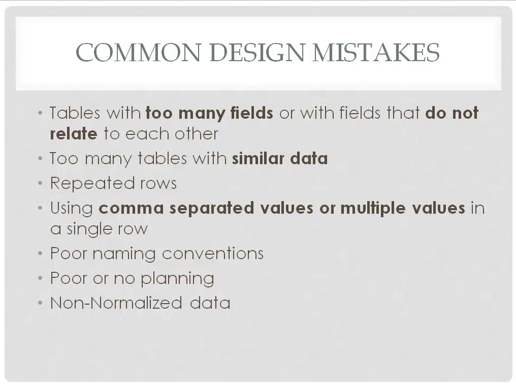Using comma separated values or multiple values in a single row is another very common mistake that people make. Poor naming conventions. So you want to stick to a convention. If your tables have camel case, you want to stick to that for all your fields. If they have underscore separated words, then you want to keep that throughout your whole database.